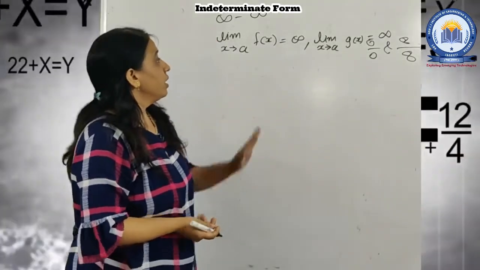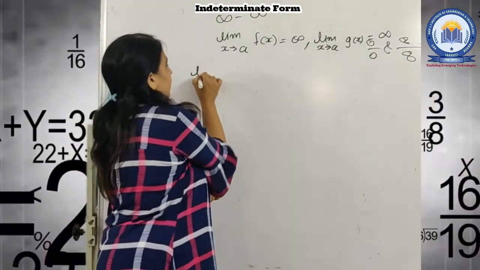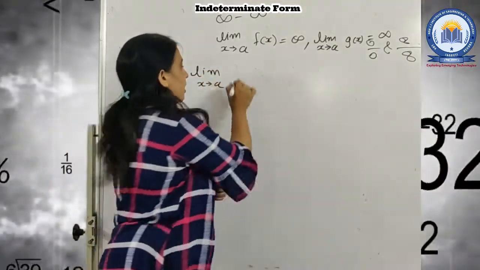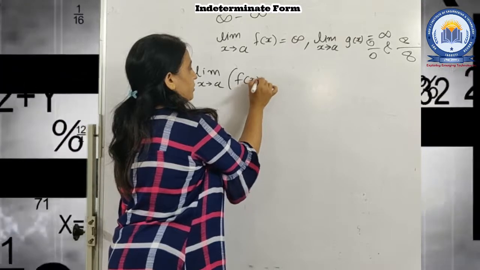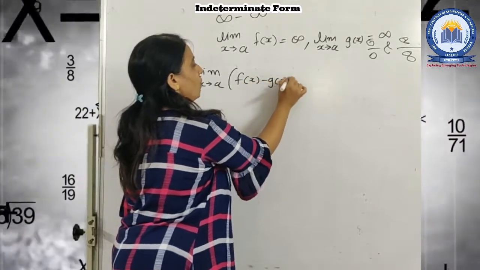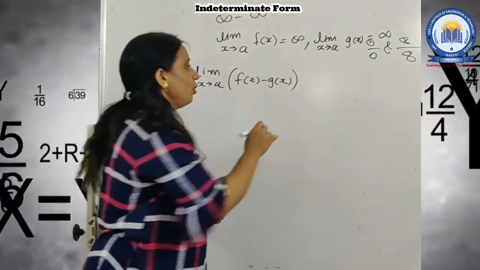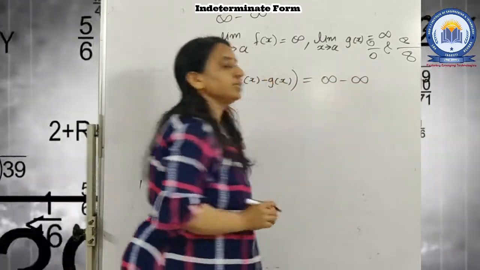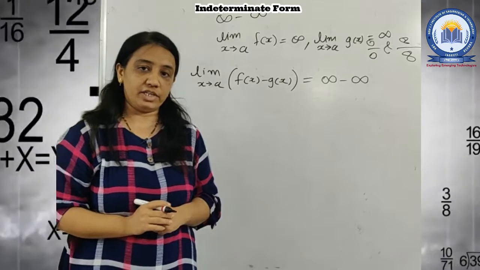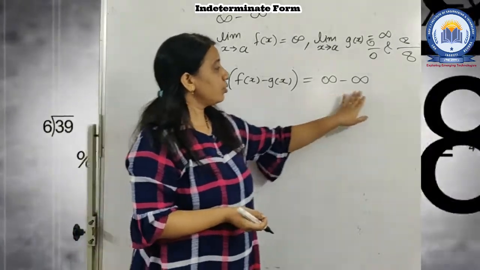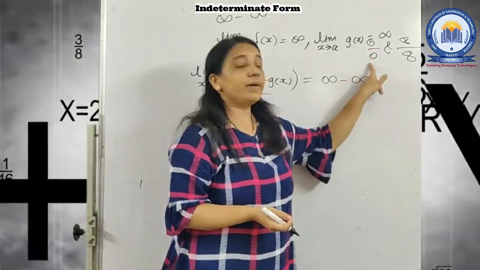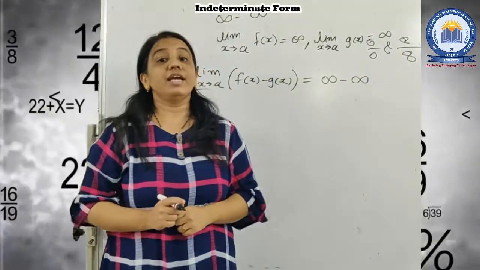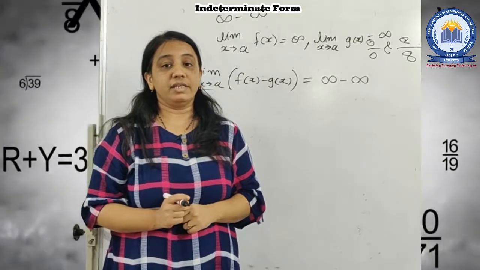Now if we do limit x tends to a of f(x) minus g(x), it will give us an indeterminate form, that is infinity minus infinity. So how are we going to convert it into 0 by 0 or infinity by infinity? Then we can apply L'Hospital rule.